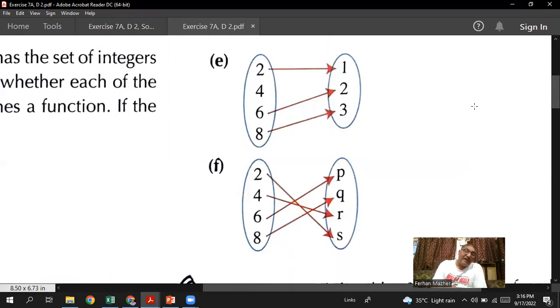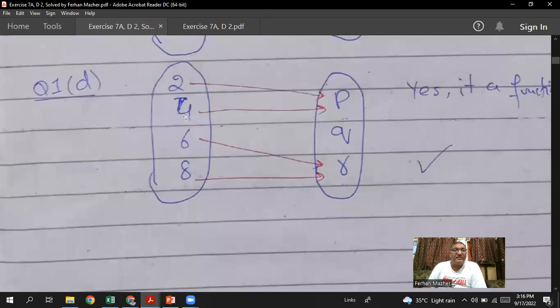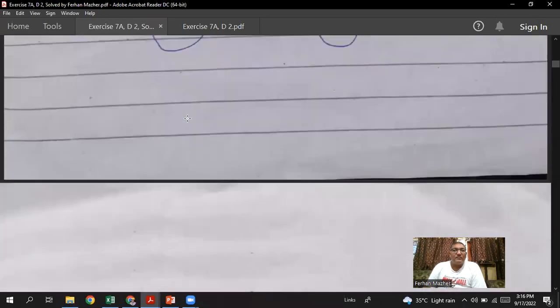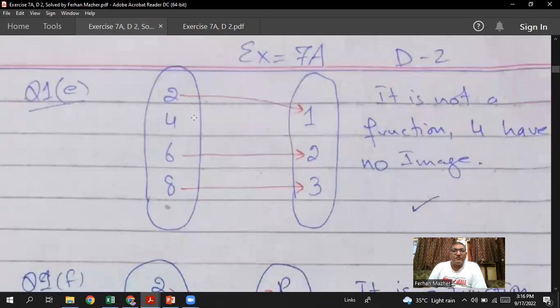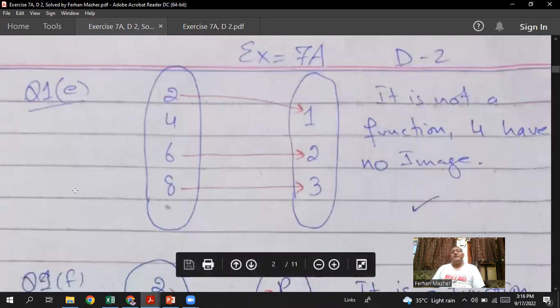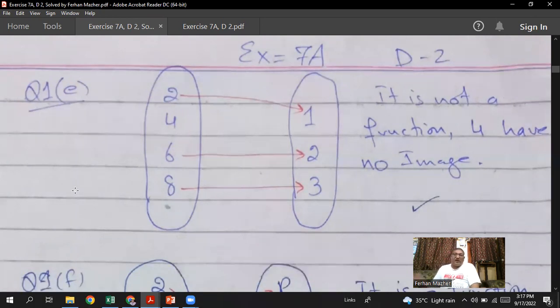If a domain member does not have an image, then it's not a function, because 4 has no image. 6 has image 2, and 8 has image 3. But 4 does not have any image. So let me show you. Here you see it is not a function. 4 has no image. That's why it's not a function.